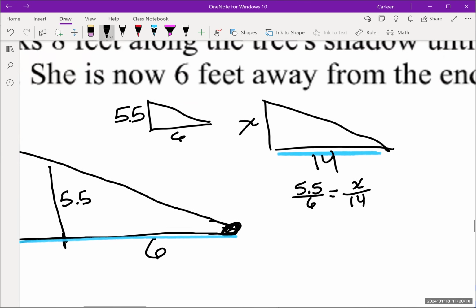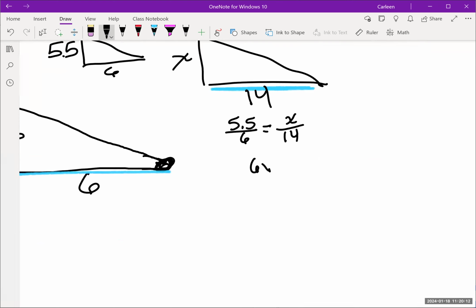Okay, so 6x is equal to 5.5 times 14. Multiply: 6x is equal to 77. And the last step of solving the equation is divide. X is equal to 12.8.